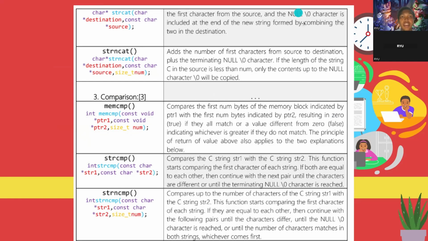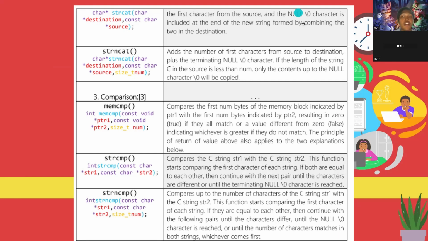And then strncat appends the first number of characters from the source to the destination, plus the terminating null character. If the length of the C string in the source is less than the number, only the content up to the null character will be copied.